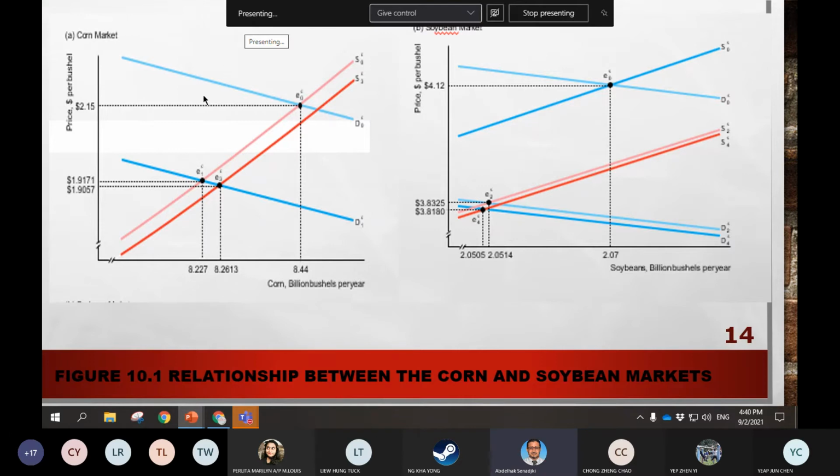Since the demand of corn in international market decreased, farmers also shifted from producing corn to producing soybean. Therefore, the supply increases from S0 to S2. And we will have an equilibrium here E2, where we have the price of soybean decrease from 4.12 to 3.835, and the quantity change from 2.07 to only 2.05.